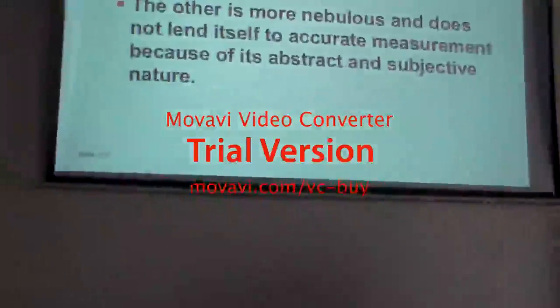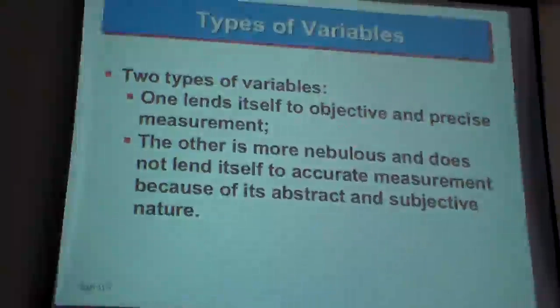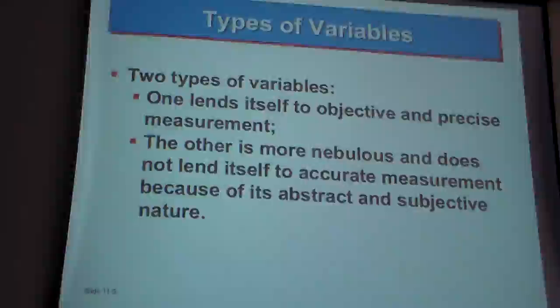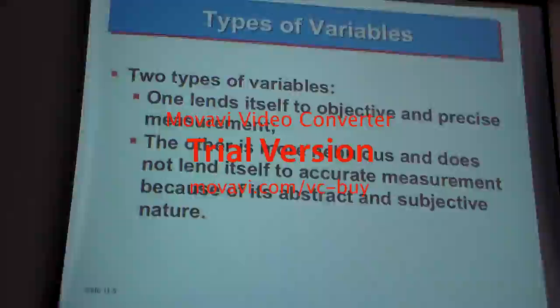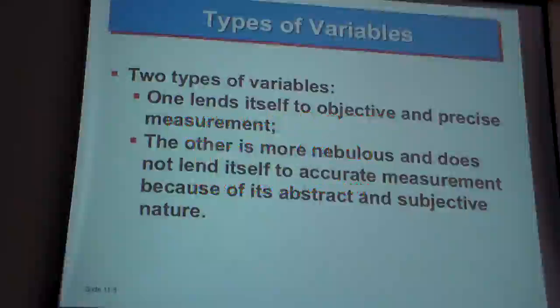So how to deal with this kind of variables? The first kind of variables is easy to code. When we collect data and then change our data for analysis, we need to transform the data into numbers, because all statistical applications deal with numbers.